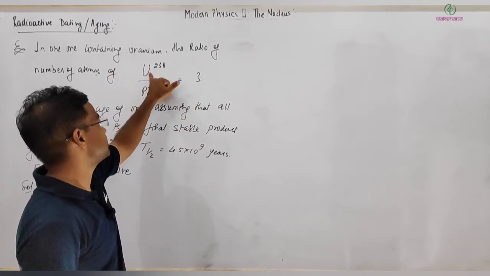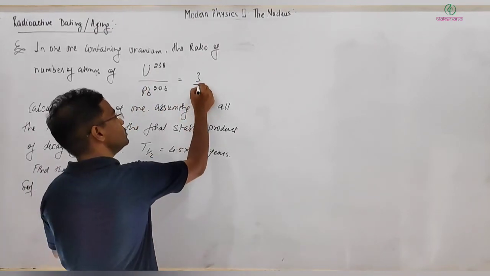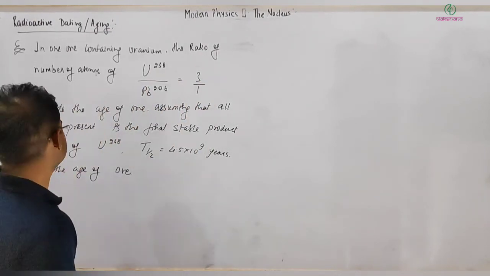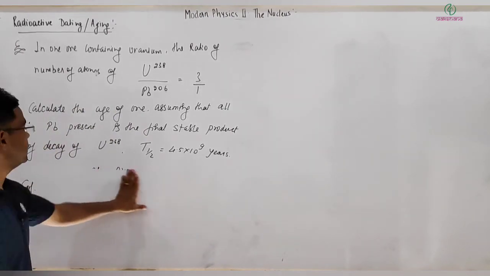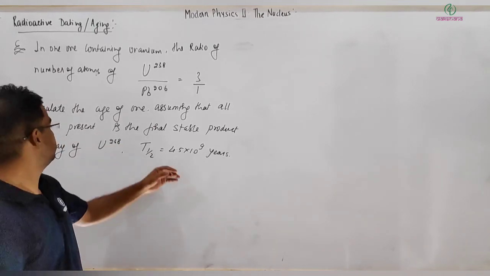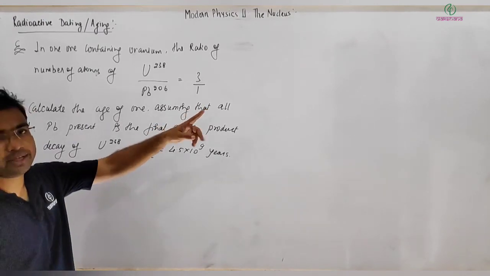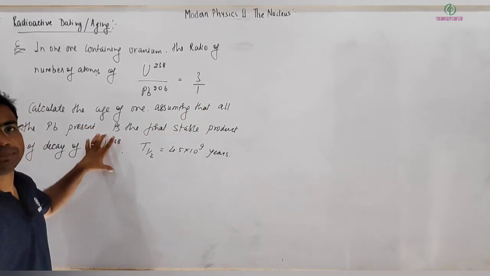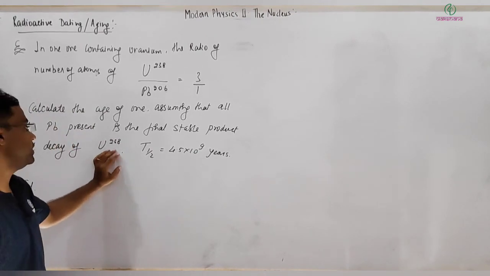The ratio of the number of atoms of uranium to lead is 3 by 1. Calculate the age of the ore, assuming that all lead present is the final stable product of decay of uranium 238. I told you this assumption already, and the problem even mentions that all the lead present is formed because of the decay of uranium atoms.